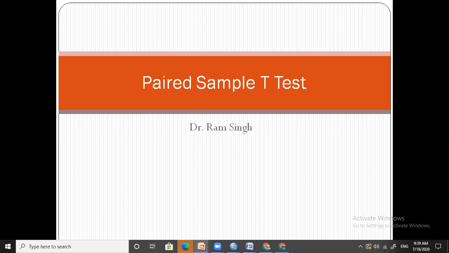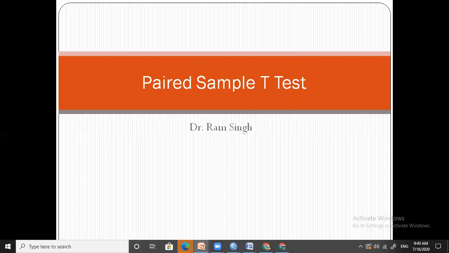We have discussed that we have two types of tests, parametric and non-parametric, and we started with parametric tests. We started with the very basic test, the t-test, which is used for comparing the means of the respondents, to know whether there is a significant difference between two groups or not, right? In the independent sample t-test there are two different sets of respondents, and we try to find out if there is any mean difference between them or not.